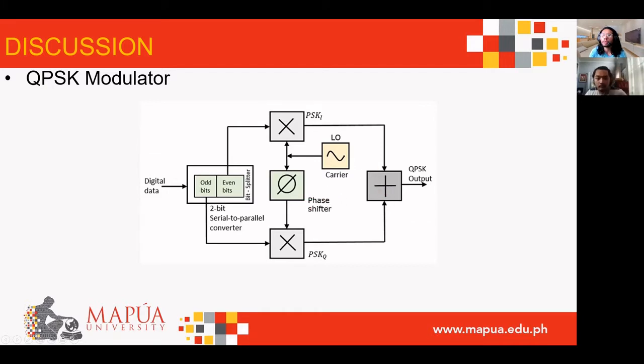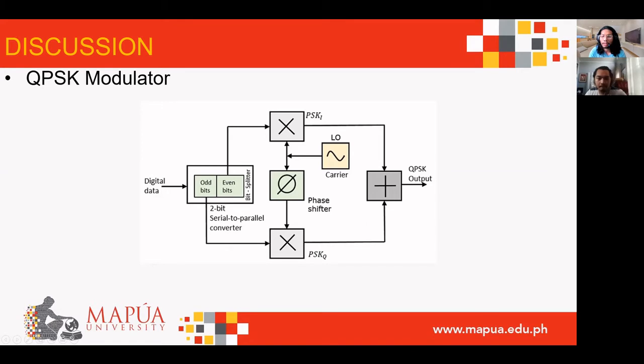The modulator takes the message signal as input. Even bits, such as the second bit, fourth bit, sixth bit, etc., and odd bits, such as the first bit, third bit, fifth bit, and so on, are separated by the bit splitter.